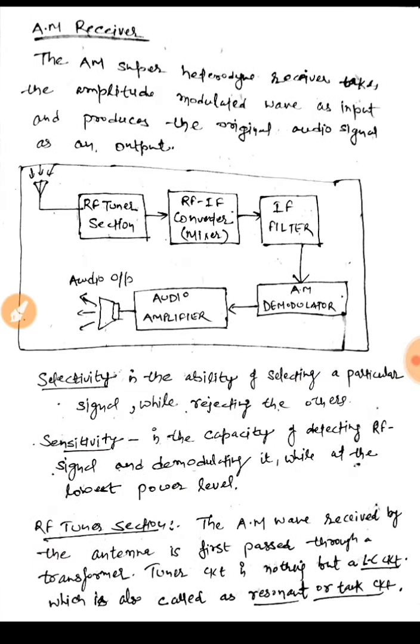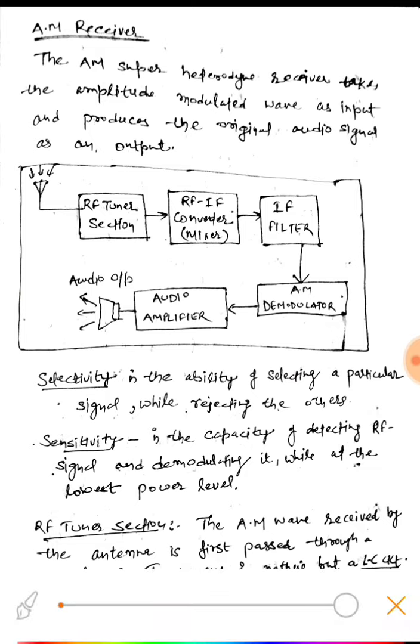First is the amplitude modulated wave receiver. It is also called the superheterodyne receiver. The AM superheterodyne receiver takes the amplitude modulated wave as input and produces the original audio signal, or the modulating signal or the message signal, at the output.